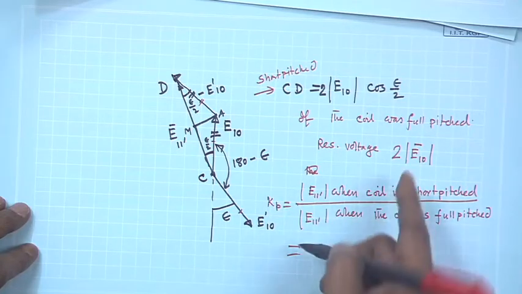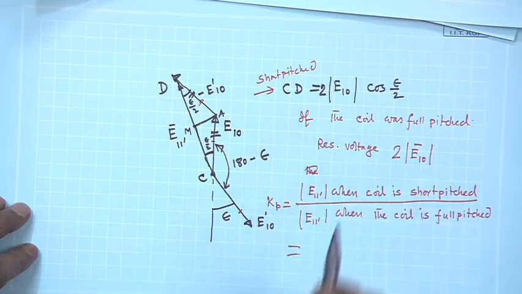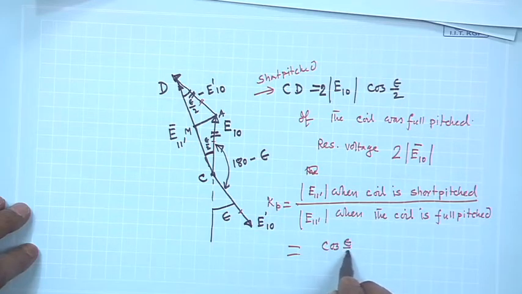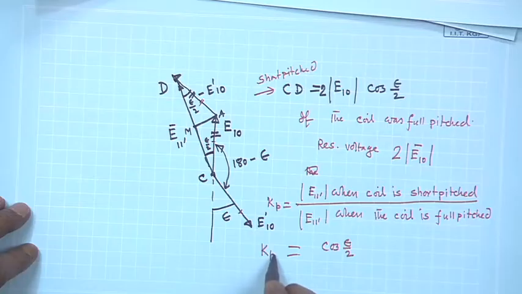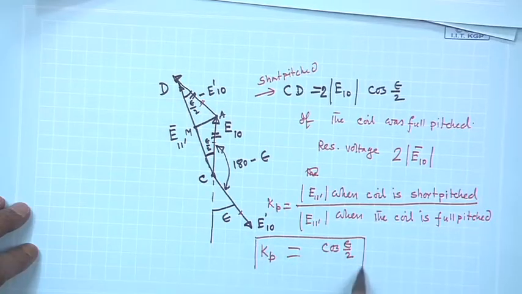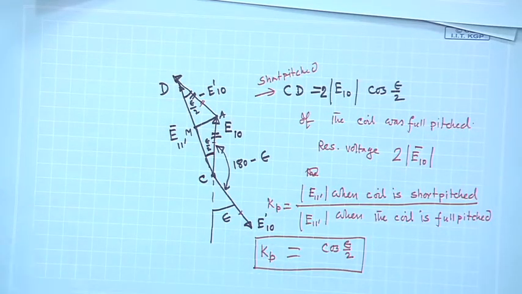In this case, if you substitute, these things will cancel and you will be left with cosine epsilon by 2. So Kp is cosine epsilon by 2, but I have not yet told you why the coil should at all be short pitched.